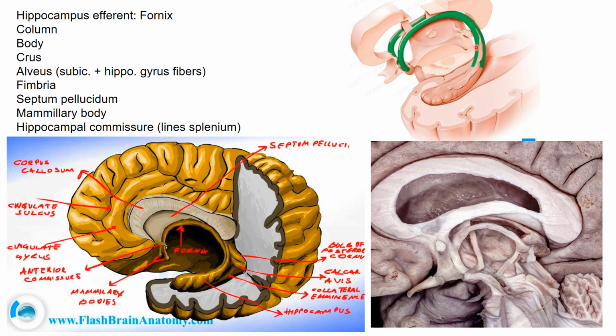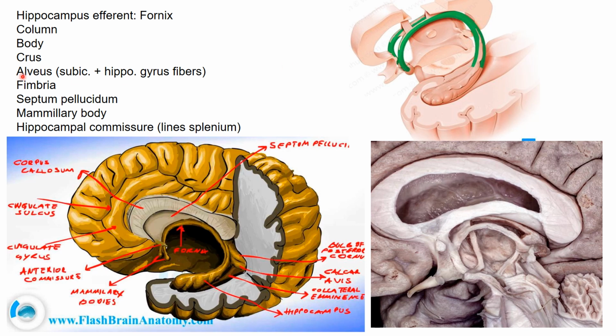And then again, I had pointed out the alveus. Because we really pointed it out on the hippocampus, it's going to be like these fibers here, the alveus thinning, and then it thickens here and sits on top of the hippocampus as the fimbria.